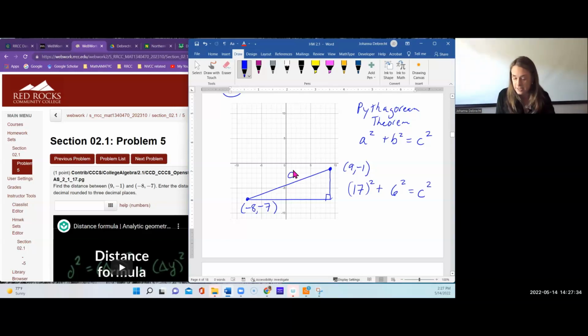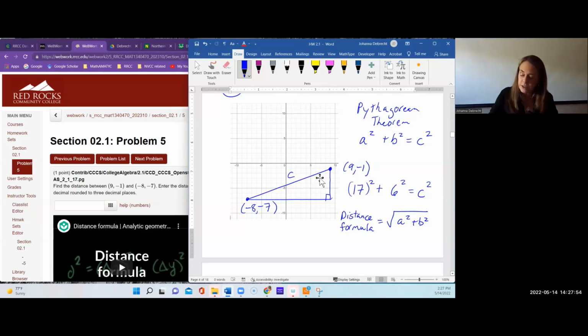So how do I get the distance? Well, that's the distance formula, but really it's just the Pythagorean theorem in disguise. The distance formula simply takes the square root of a squared plus b squared.